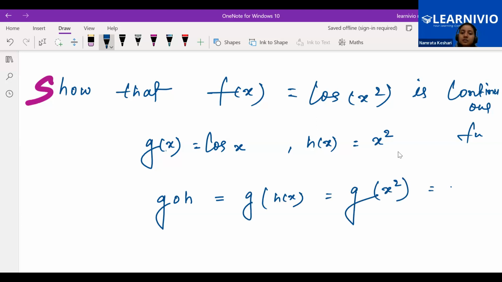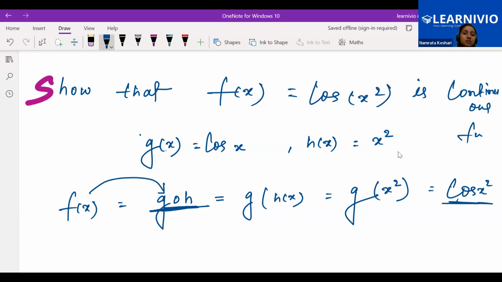That means what will be there, Fatima? Is it cos x square? Yes. Okay, this one we have taken by ourselves. Can we write f of x as g of h? Can we? Because we are not making any changes.